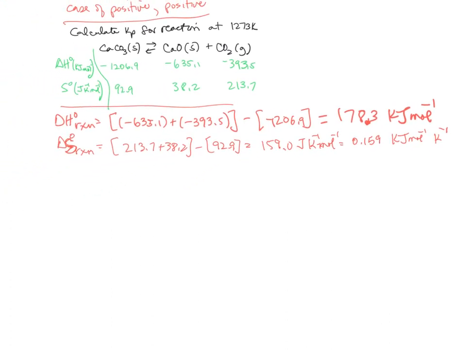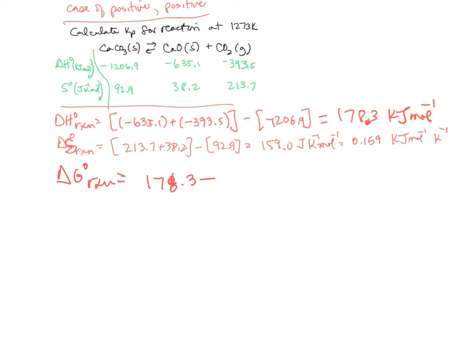All right, then the next step would be to calculate delta G for the reaction. And of course, this is the case of positive enthalpy and positive entropy. So the delta G for the reaction, you can calculate it either way. You can say 178.3 minus temperature standard, because of the little zeros there.